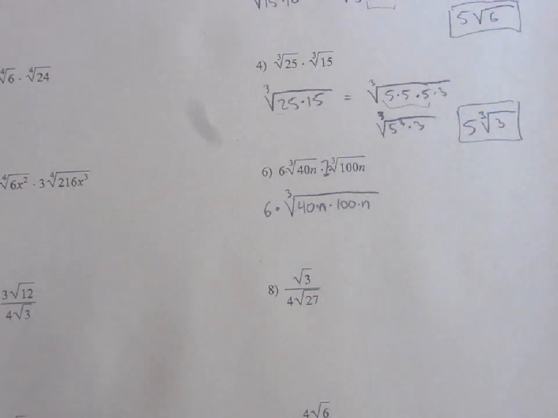Like, you can prime factor 40 down to a 2 and a 2 and a 2 and a 5, I think. And same with 100, you can do a 5 and a 5 and a 2. So if you want to prime factor it all the way down, if that's comfortable for you, that's great. If you can find bigger factors that are powers of 3, or that will group into a power of 3, that's good.